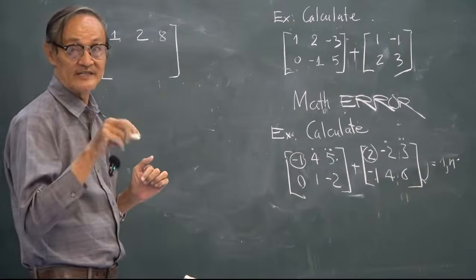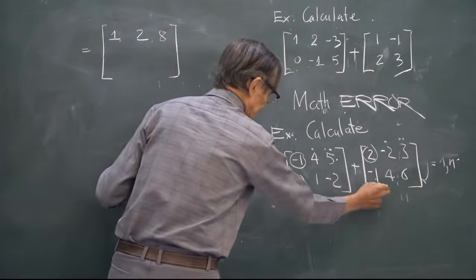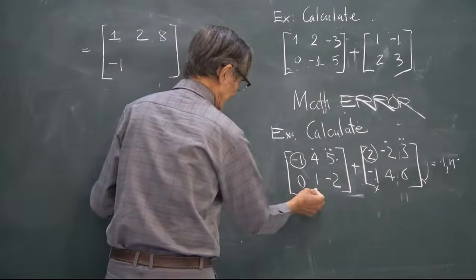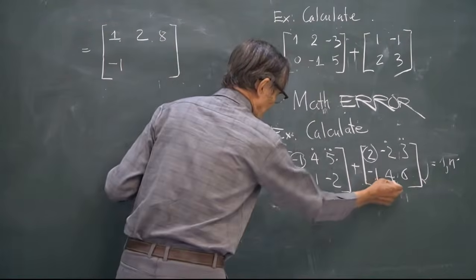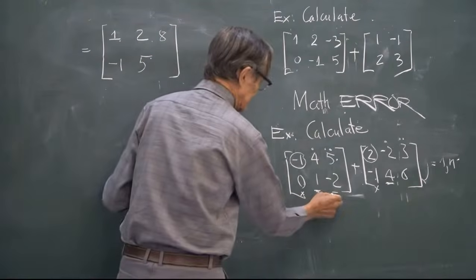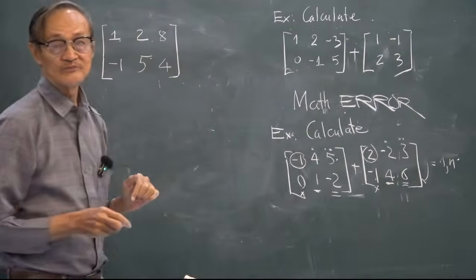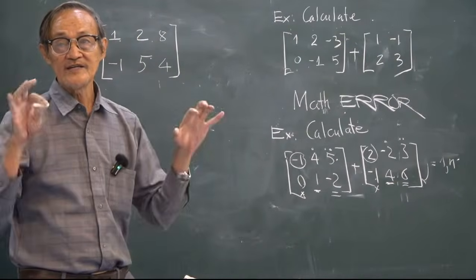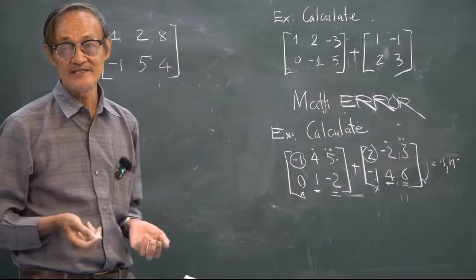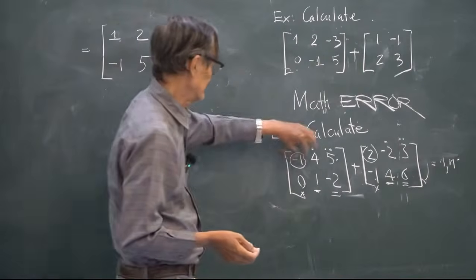The same position: 0 plus minus 1 is minus 1, 1 plus 4 is 5, and minus 2 plus 6 is 4. We add two elements of the same position of the two matrices.